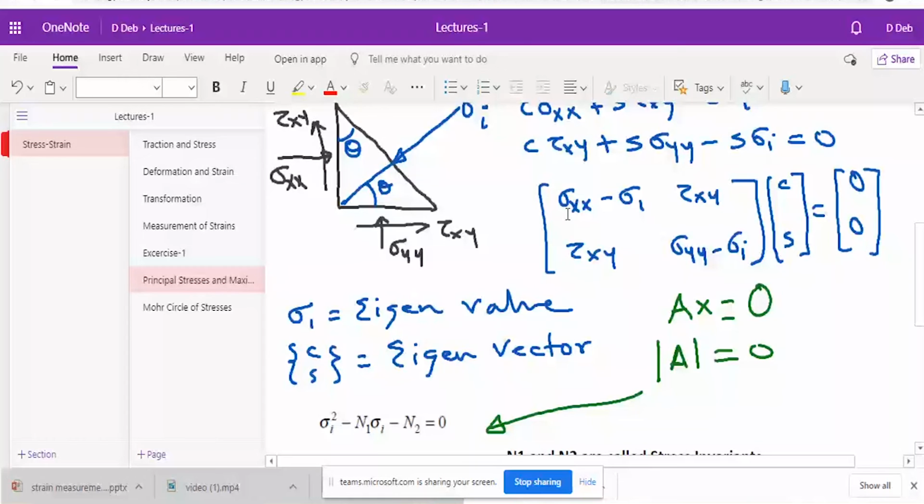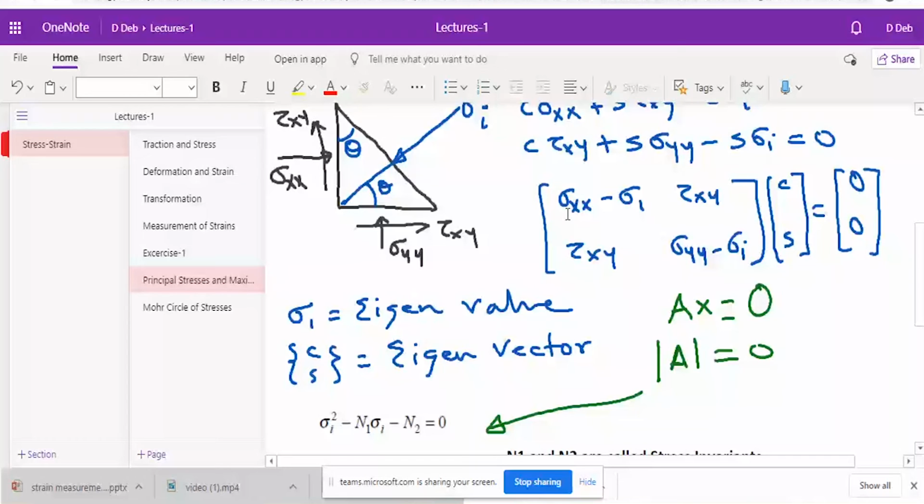Now you will also get two values of theta. And since you have used 15.5 here, this is the angle with the major one, that means the maximum principal stress.